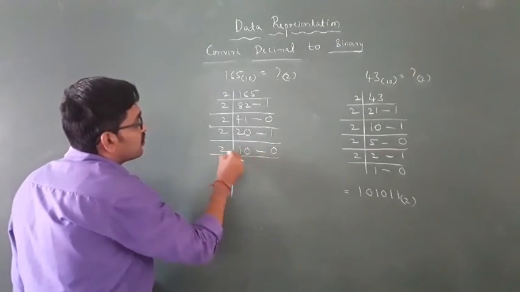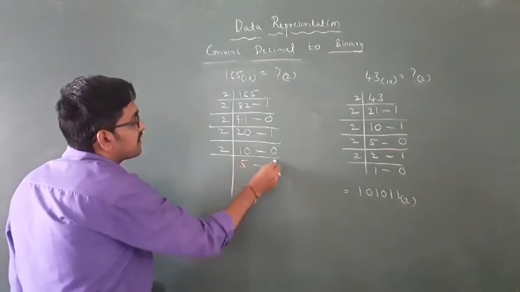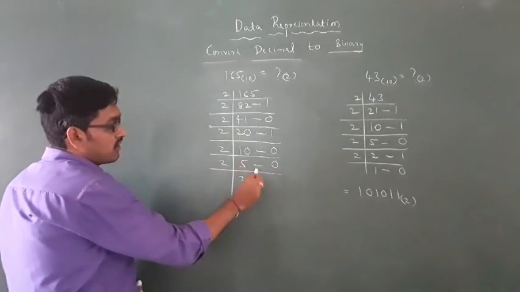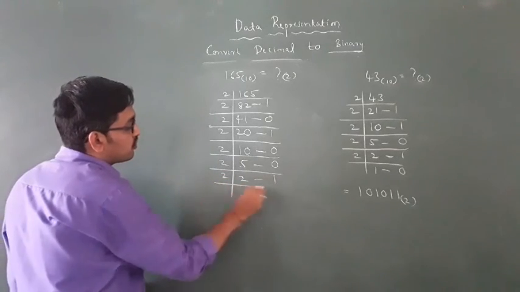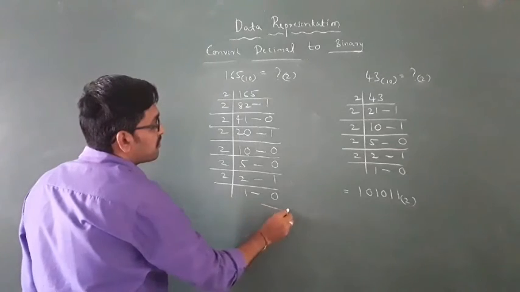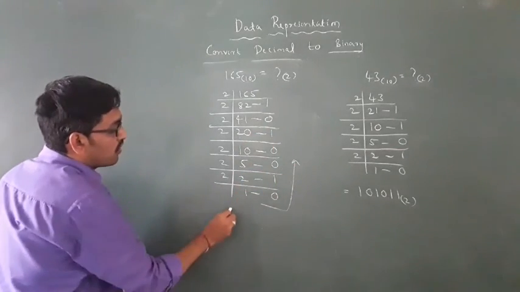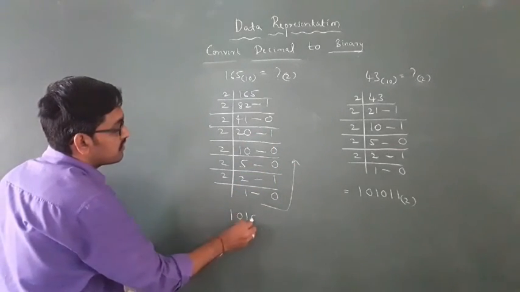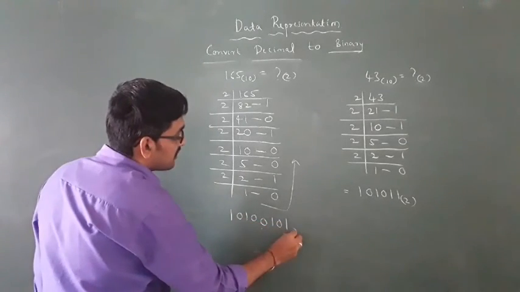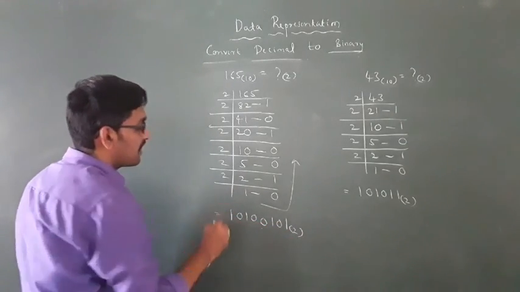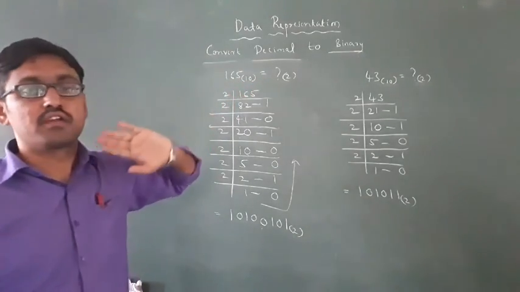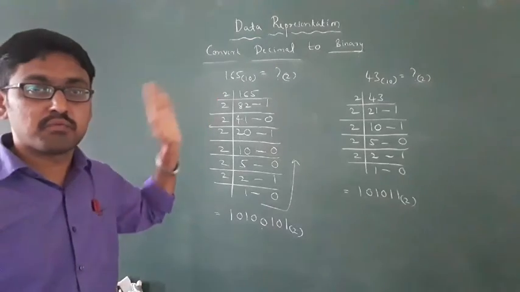Then 2 5s are 10, carry 0. 2 2s are 4, carry 1. 2 1s are 2, then take from bottom to top, 10100101. This is the answer for how to convert 165 into a binary number.